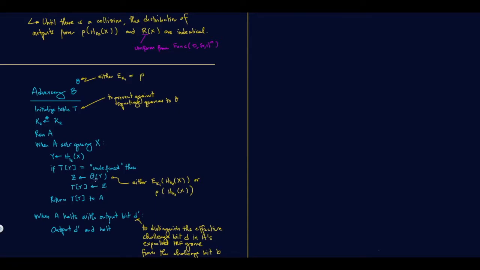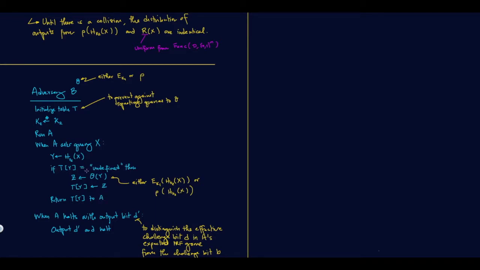Z is effectively E sub K1 of the hash of X, because it's E sub K1 of Y, where Y is the hash of X. We'll be simulating this when B's challenge bit is 1, or when B's challenge bit is 0, because in this case B's oracle is rho. In any case, we take this value Z and we return it back to A.